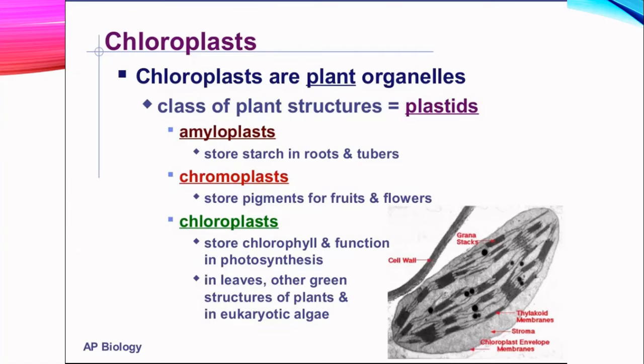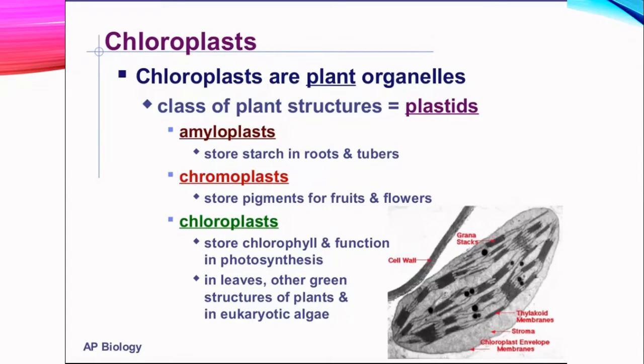It is also the site of photosynthesis, and it comes in different forms, depending sa type of plant. We have the amyloplast, which could store starch, chromoplast, store pigments for fruits and flowers. Chloroplast, store chlorophyll, function in photosynthesis, and found in leaves and other plant organs.